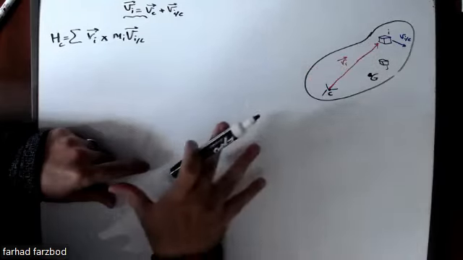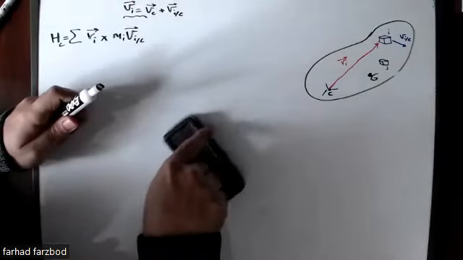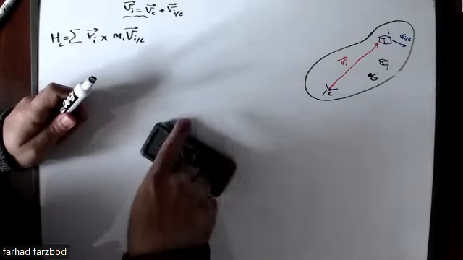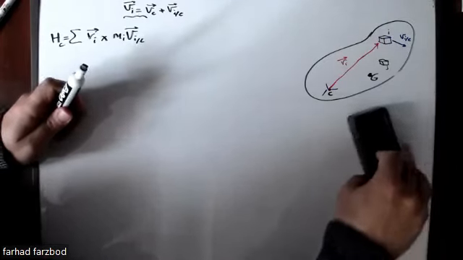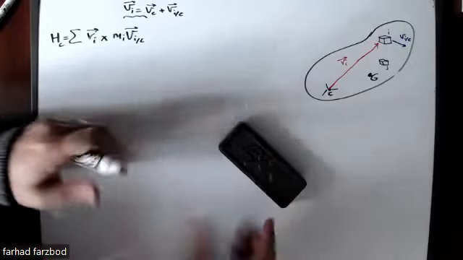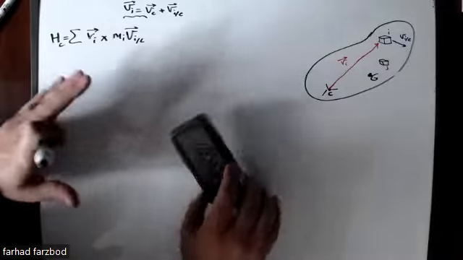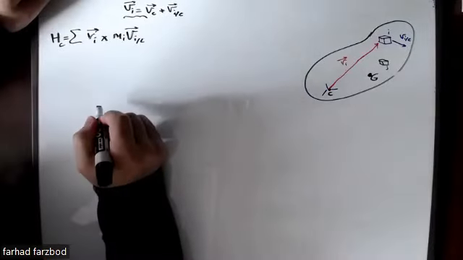So we want to take out the velocity of C. As if, for example, we want to see the same thing for this type of motion and this type of motion, where point C is also moving. So we want to look at that angular momentum irrespective of the velocity of C. That's why we put it as Vi relative to C.